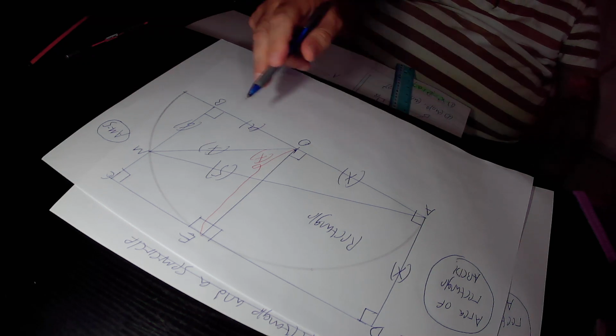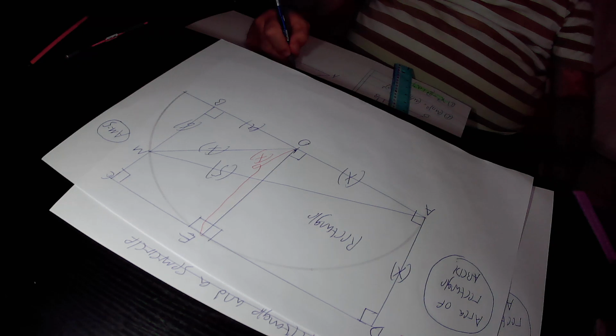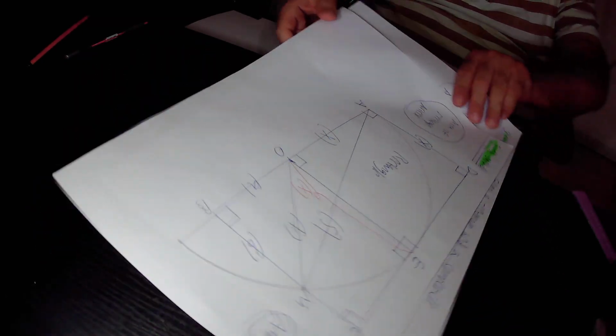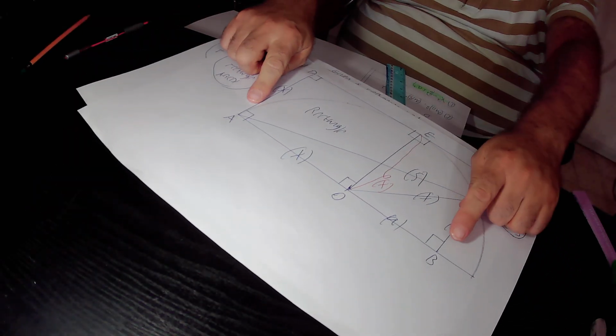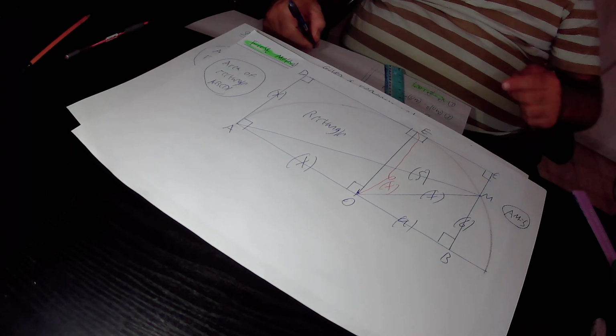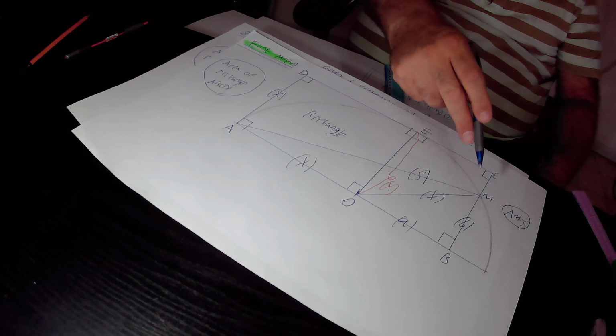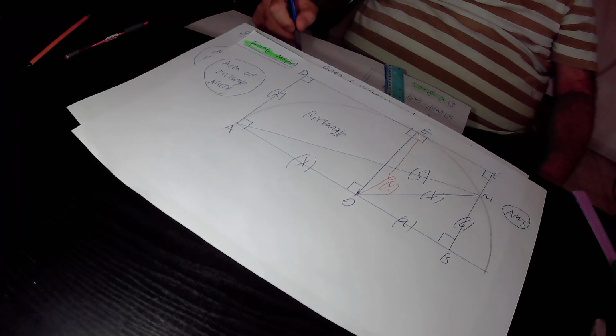The hypotenuse AM equals 5 units in its length, according to what is given in the question. Side AB of the right triangle AMB equals x plus a. And side MB equals b units in its length, according to our definition.